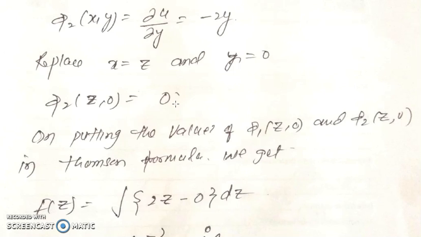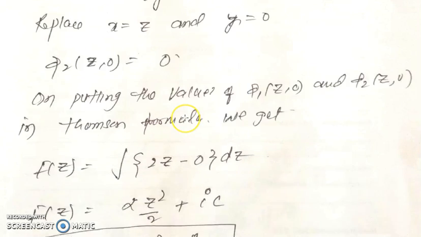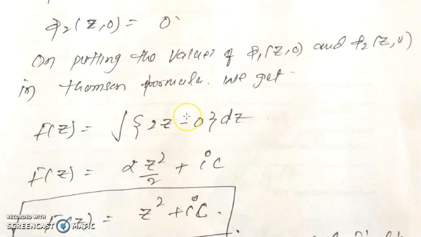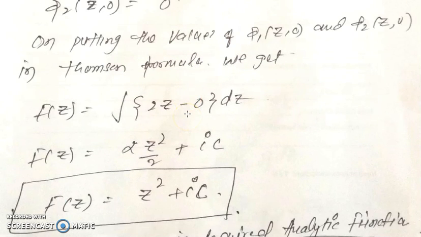So now this is the time to substitute the values of phi 1 (z, 0) and phi 2 (z, 0) in the Thomson formula. That was f of z is equal to integral of phi 1 (z, 0) minus iota phi 2 (z, 0) dz. After putting the values, we get f of z is equal to integral of 2z, since phi 2 (z, 0) is 0.